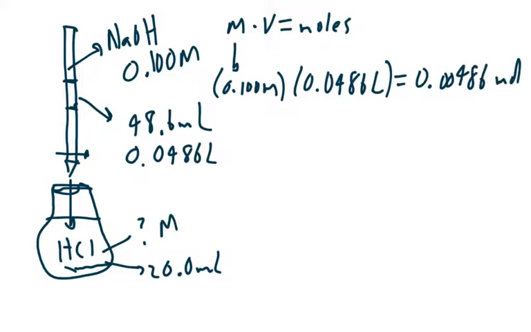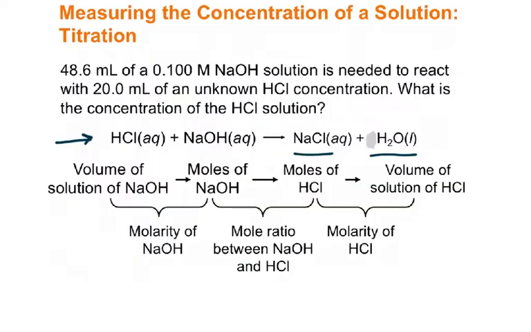This is going to be how many moles we have of the given. The given in this case is NaOH. Now, if you recall from the previous problem, the mole ratio, because this is the given, this is the unknown. We're trying to find the concentration of the unknown solution.